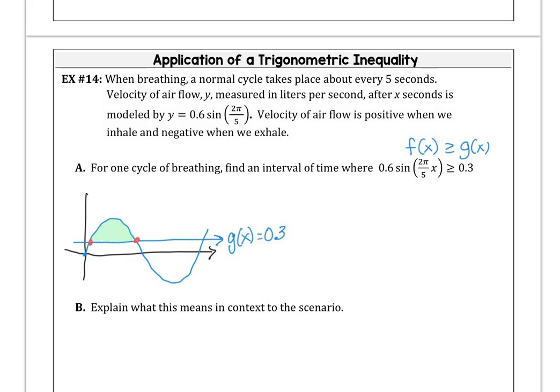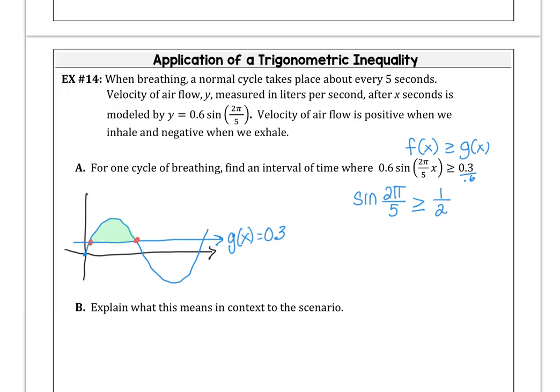Let's see, I guess I could use some algebra. Let's say the sine of 2π/5 x is greater than or equal to 0.3 divided by 0.6, which is a half. Where is sine a half?